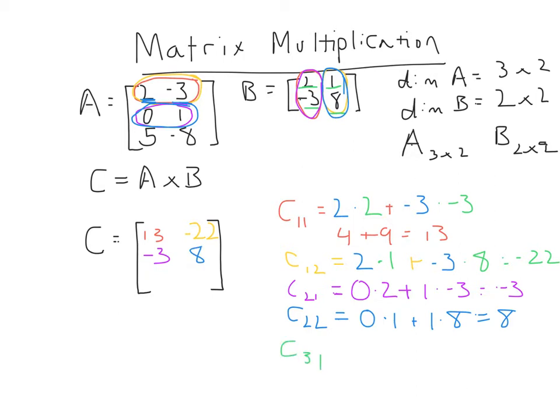C31, we're going to have 5 times 2 plus negative 8 times negative 3. That's going to be a positive 34.